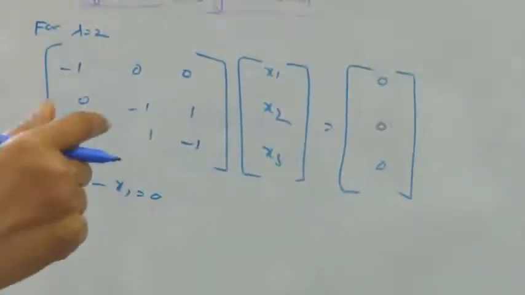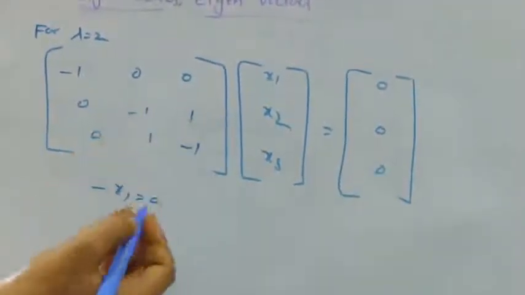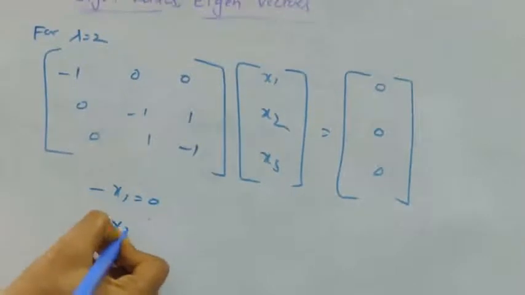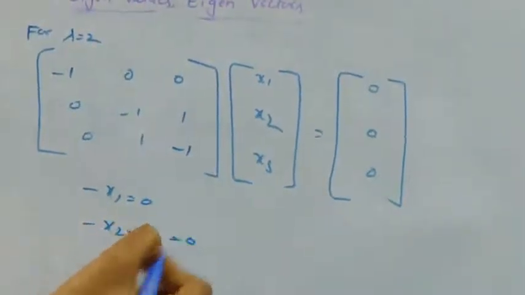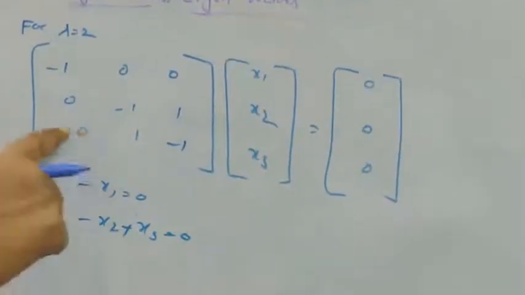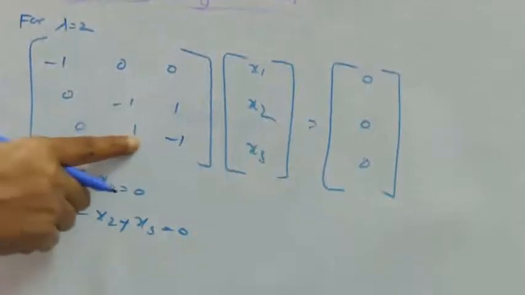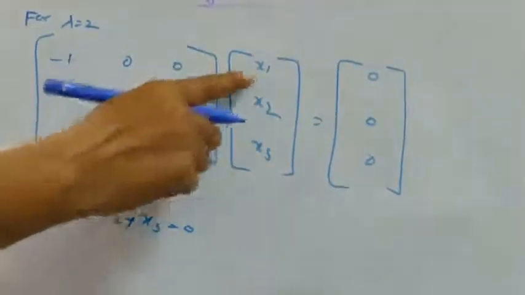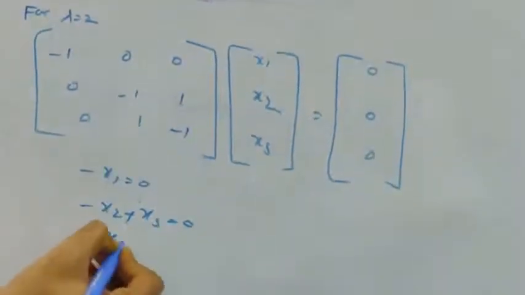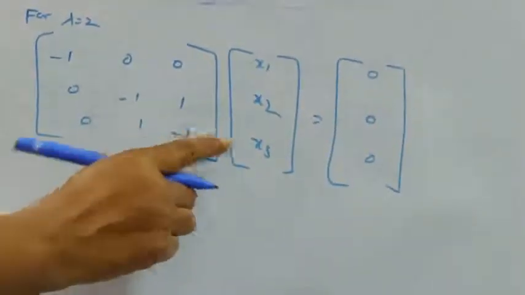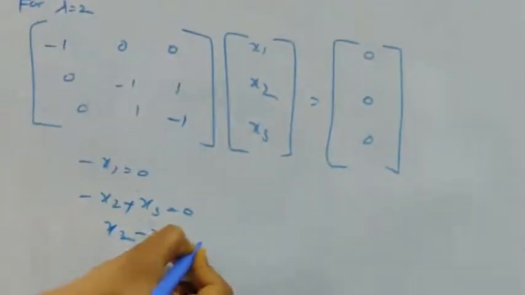Next, 0 into x1, 0, minus 1 into x2, minus x2, plus 1 into x3, x3 is equal to 0. Next, coming to the third row, 0 into x1, 0, 1 into x2, you will get x2, minus 1 into x3, minus x3 is equal to 0.